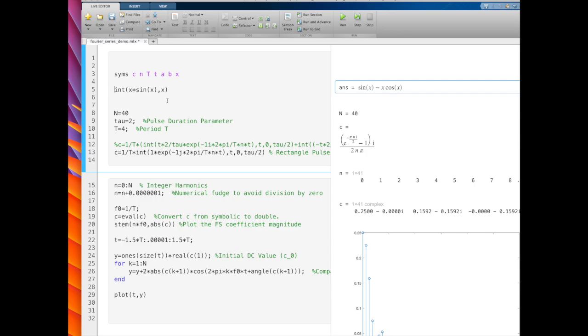So from here, remember we're doing a Fourier series, and we have a certain number of terms that we're going to add in the approximation of the Fourier series. Remember, technically the series goes from 1 to infinity. So let's start out with just a few terms. Let's start out with 5 terms. And here, tau is going to be 2, cap T is going to be 4.